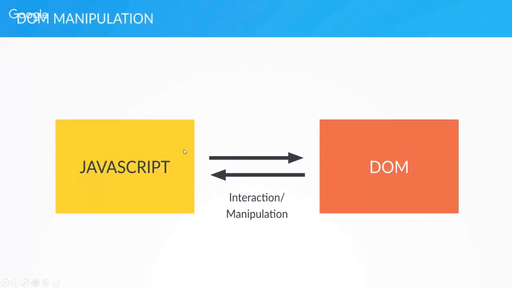So if other programming languages can be used to connect with the DOM, that must mean that the DOM is not a part of any programming language. So, as you already understand, the DOM is not part of JavaScript, and you should remember that. It is a completely separate entity from JavaScript, and we only use JavaScript to manipulate or interact with the DOM.